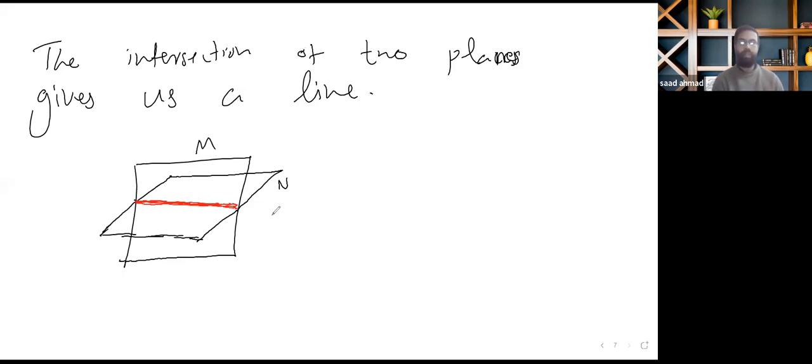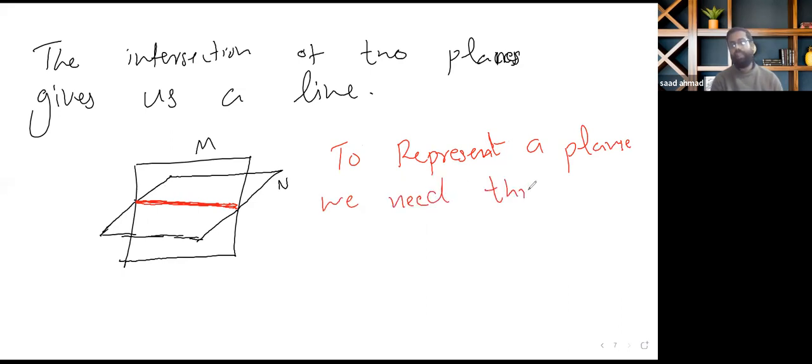And to represent a plane, we need three non-collinear points.